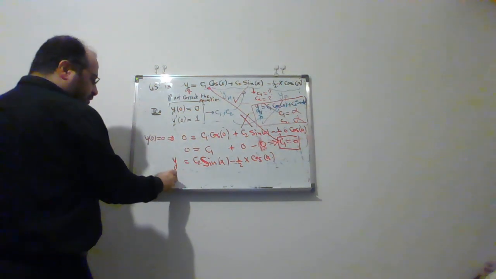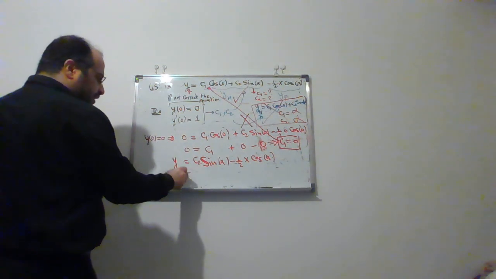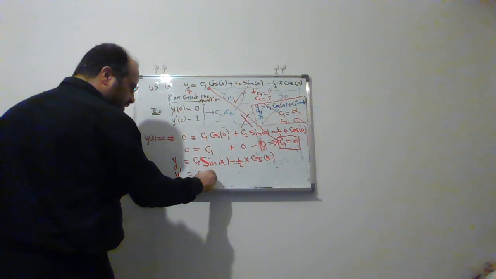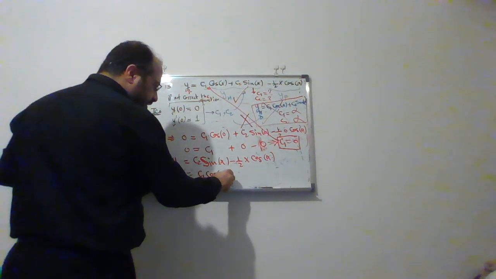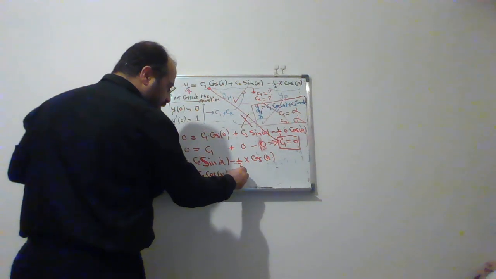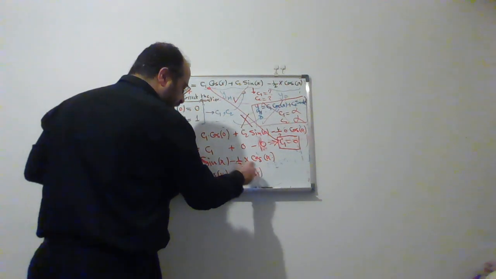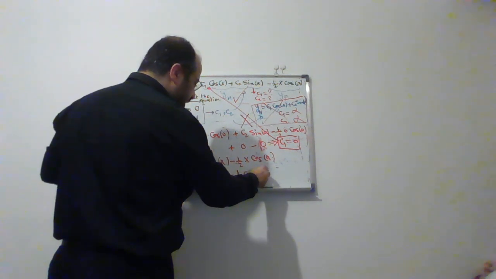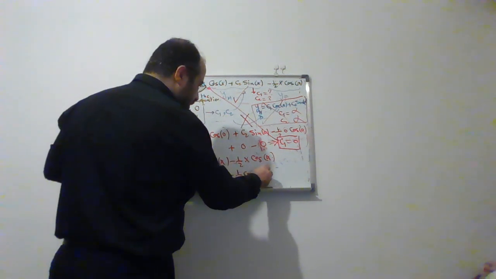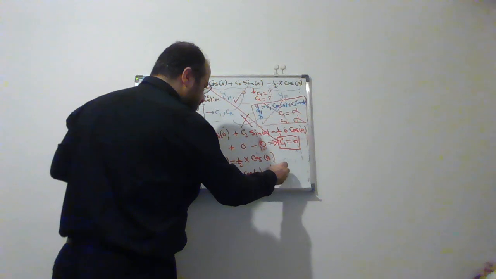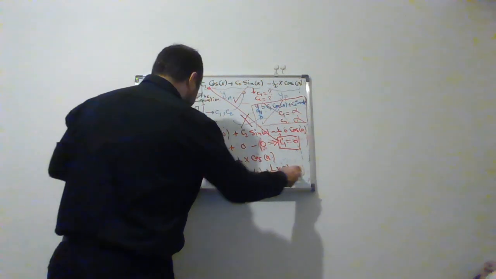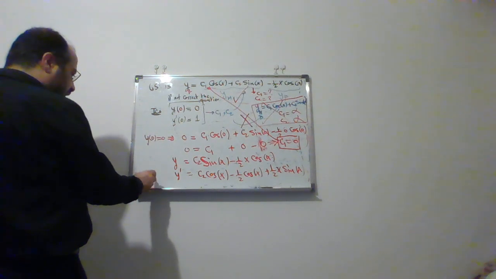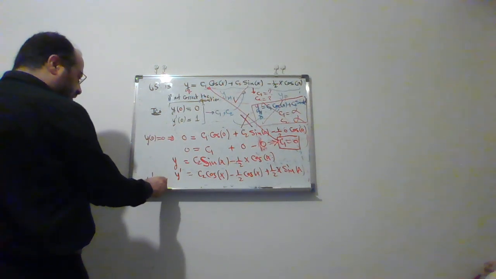Now if you go with y prime, then you get minus C2 cosine x, and then here minus half cosine x, because I'm differentiating the x, and then I differentiate the cosine, then I get plus half x sine x. And the condition says y prime at 0 is 1, right?